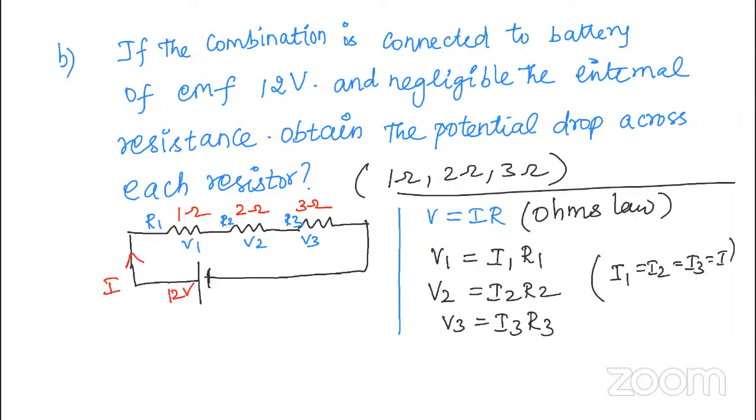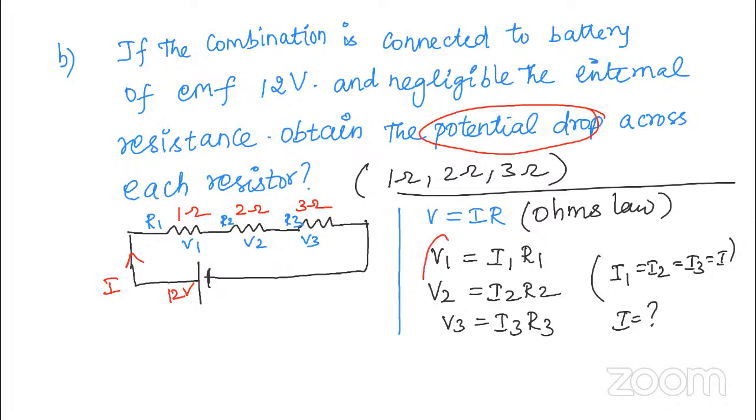I only. Okay. Right. So, but what about the I value? Tell me, in that problem, are they providing the I value or not? They have asked to calculate the potential drop values here. Okay.